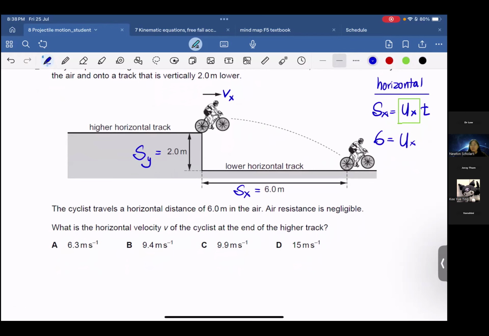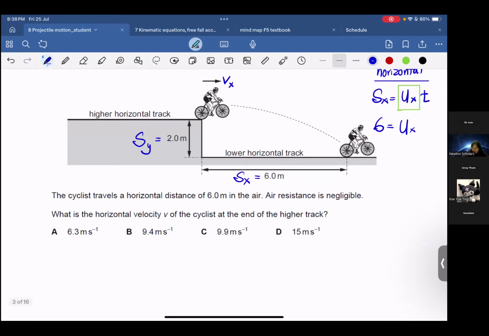We want to find horizontal. The problem is we don't know the t. How can we get the t? We're using the vertical component to find out. Try and tell me your answer.